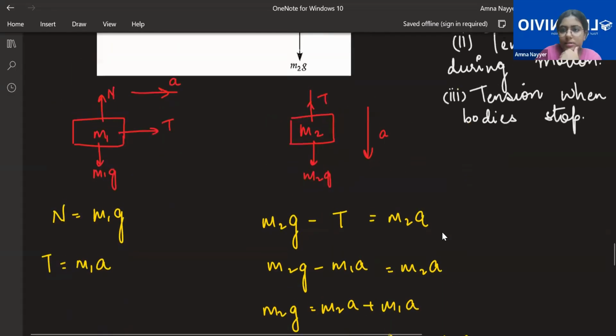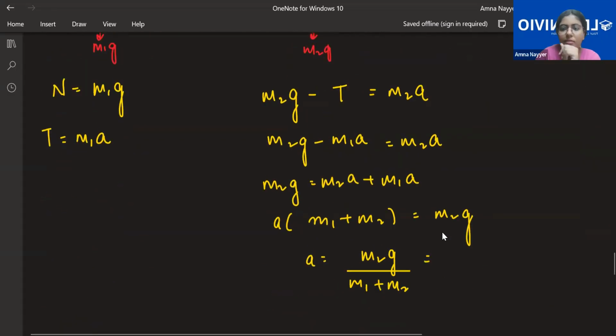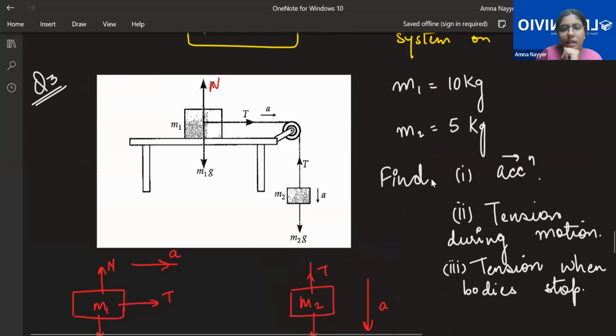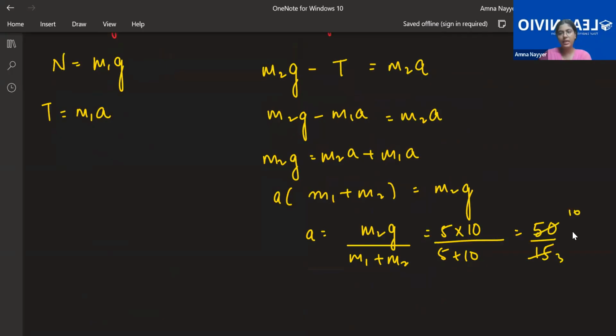Now the values: M1 is 10, M2 is 5. So 5 into 10 divided by 5 plus 10. This becomes 50 divided by 15, which we can reduce to 10 by 3.